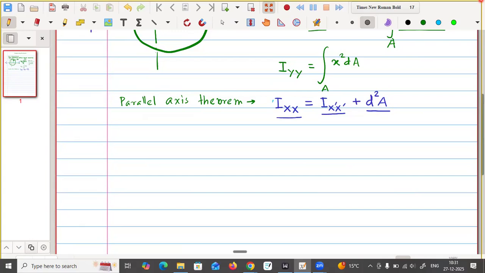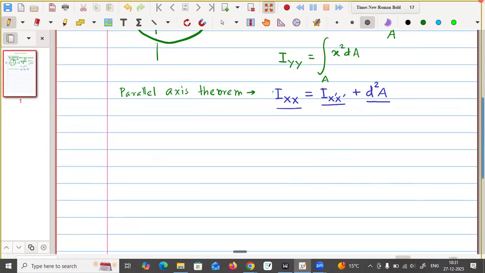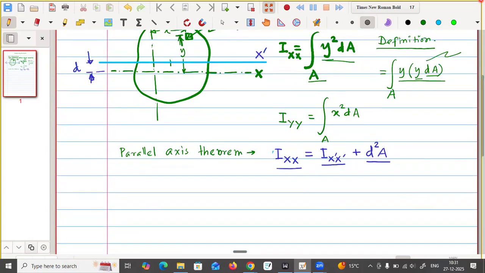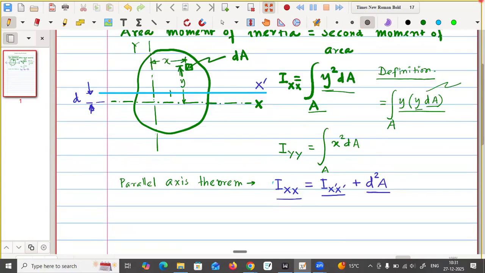In the derivation, the key was, if you have, say, this one, that means this dA has a distance of y from xx and y prime from x prime.